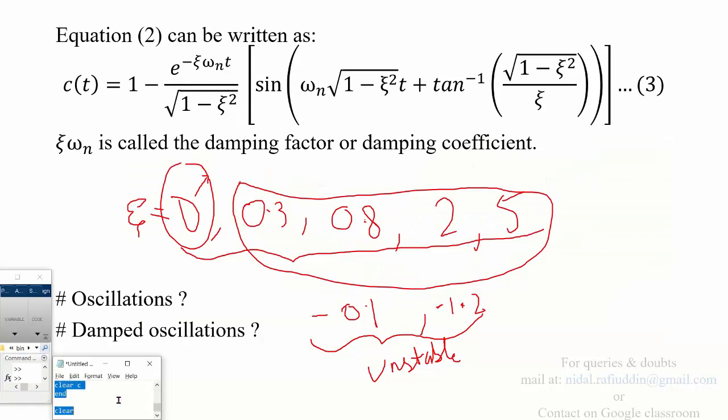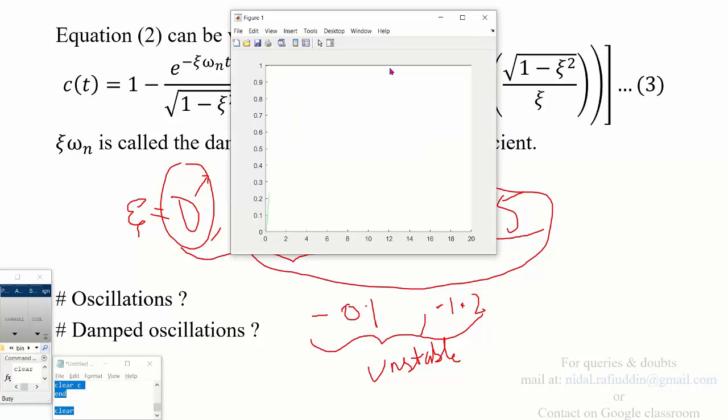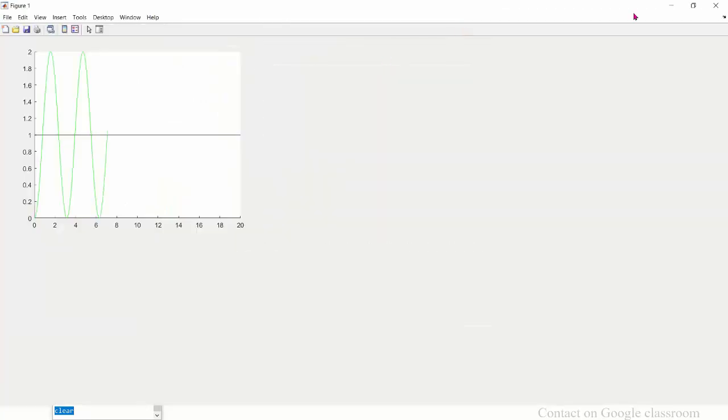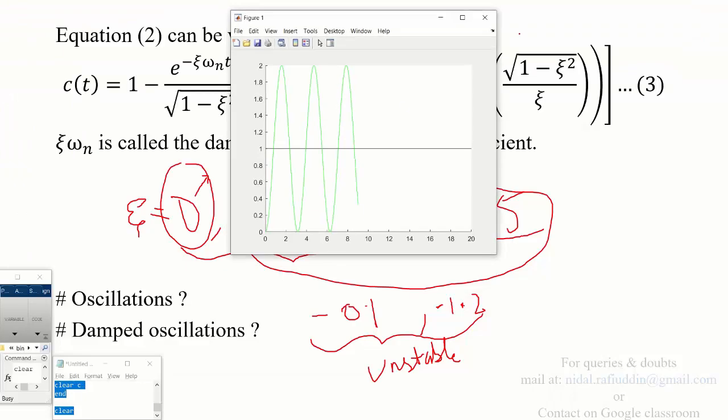So I'll plot this one by one, starting from zeta equal to 0, then 0.3, then 0.8, then 2, then 5. So this is the waveform corresponding to zeta equal to 0.